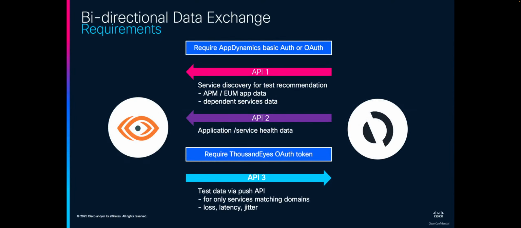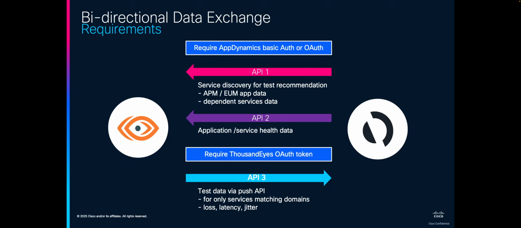Now, how does all of this work? There's a bidirectional data exchange, and they require both to have OAuth, going back and forth like I said. This shows you exactly what it is. There's an API going from AppDynamics to ThousandEyes.